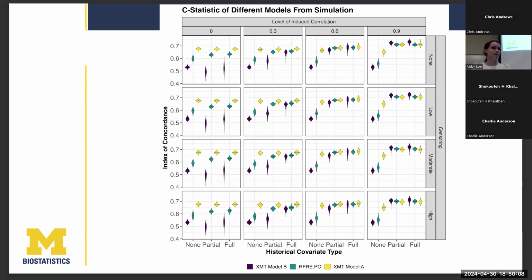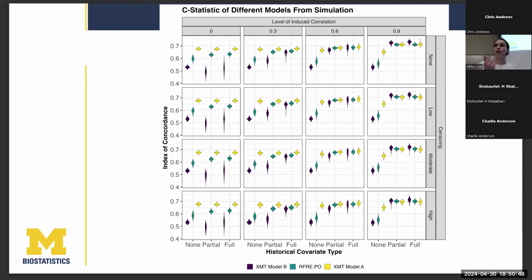You didn't really talk much about when you go from left to right. Do you mean left to right within a box, or within a row? Within a row. Okay, so that's more correlated events, so the amount of information that is good for estimating the probability of survival greater than tau is going to increase, and particularly with the inclusion of historical information, your historical covariate should now be very, very important.